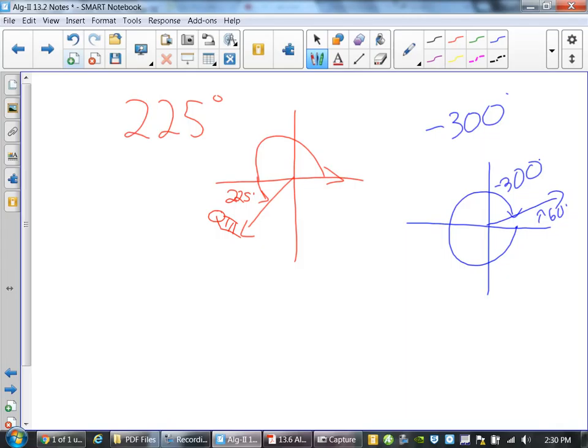You bring it down 30 degrees past 180. What is that angle then? 210. So if I bring this through, this is still in the same vertical. This is still 1, but now it's negative.